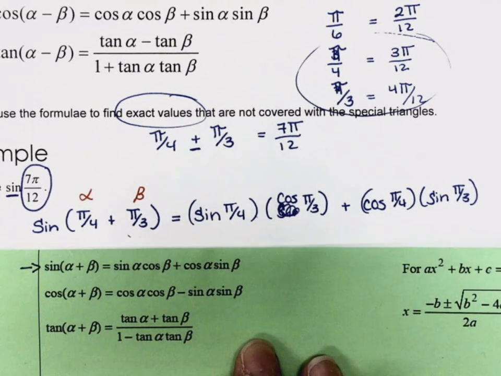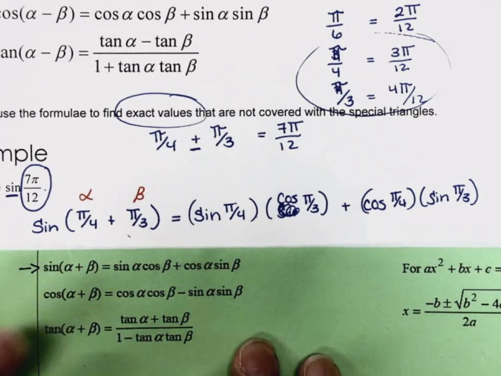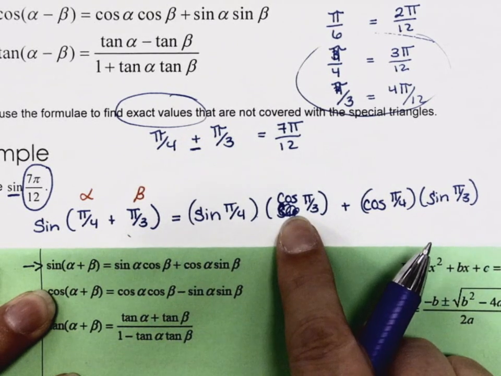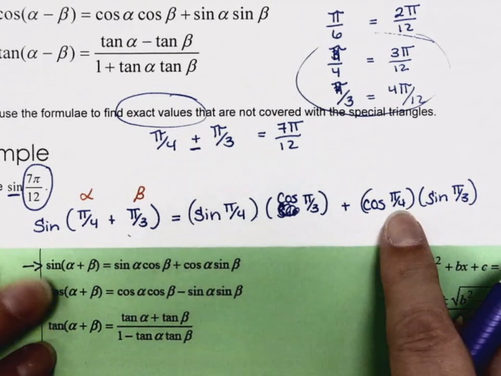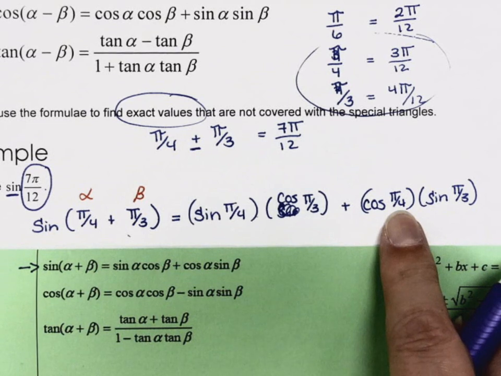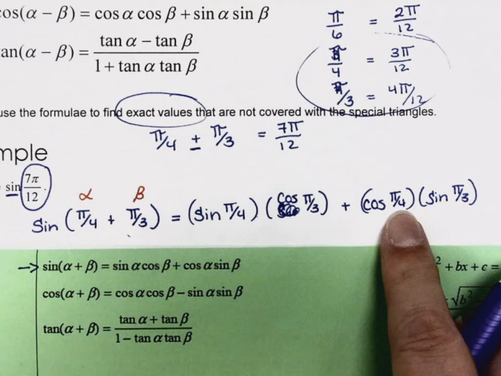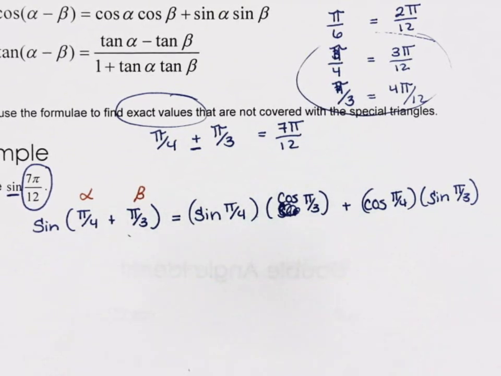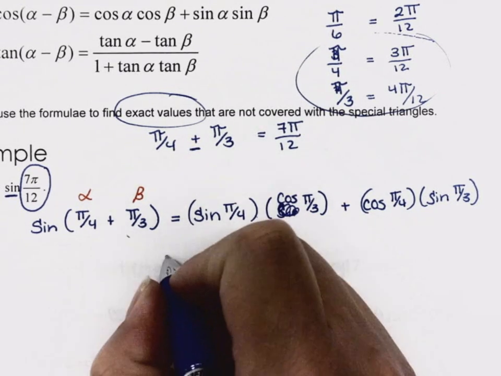Really you should have sine and cos of both angles. You should not have a double of anything. I have a sine of pi over 4, a sine of pi over 3, a cos of pi over 3, and a cos of pi over 4. So you should have sine and cos of both angles. Take your time with that. Now, I will tell you the biggest mistake people make is that, okay, maybe I won't tell you the biggest mistake people make. We'll just keep going.